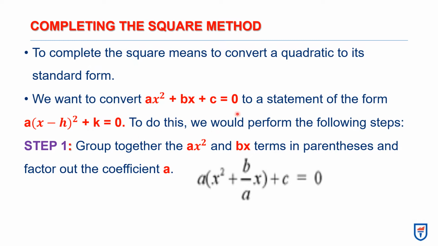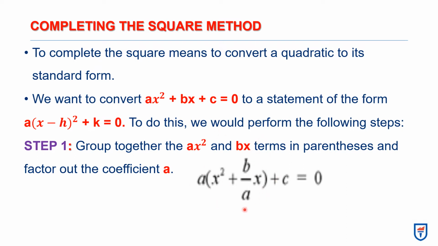So you need to follow a number of steps when you are solving using the completing the square method. On step 1, on a quadratic equation, you need to group all the terms that have the variable of your quadratic equation. In this instance, we have got the variable x. So all the terms that have the variable x, you group them in one bracket.